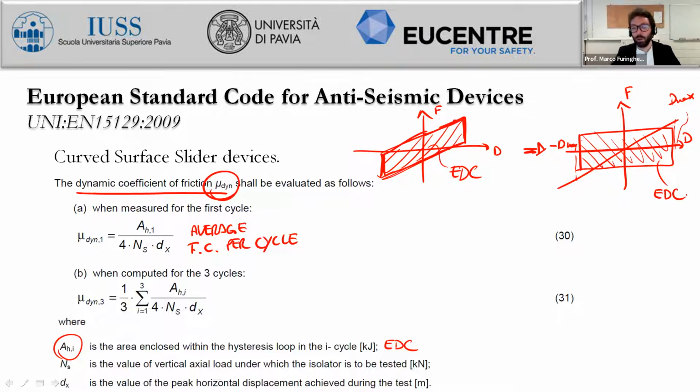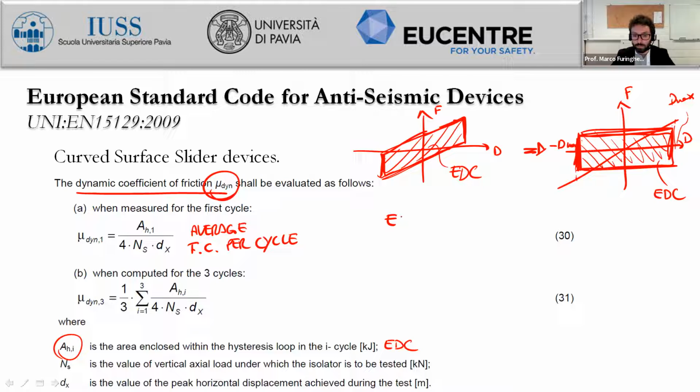And this is exactly what we already know, because the only dissipative capacity of the device comes from the frictional behavior and not from the recentering force. But EDC now can be easily determined by looking at the hysteresis shape, which is just a rectangle.